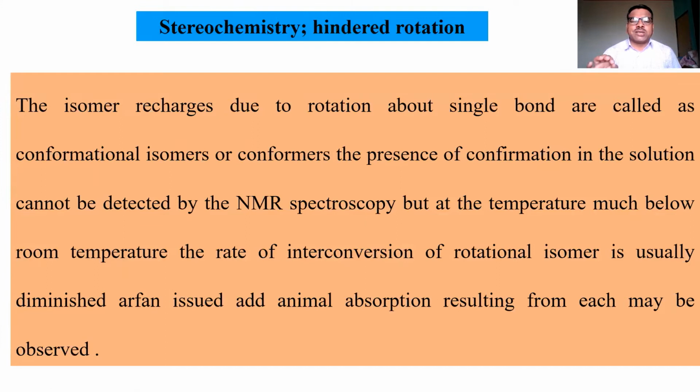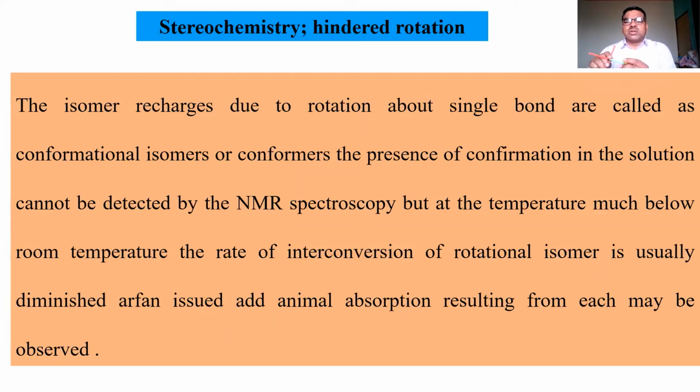So you can have staggered and eclipsed conformations, which are not detected by NMR spectroscopy. But at low temperature, much below room temperature, the rate of interconversion of rotational isomers is usually diminished or vanishes. Whenever I have free rotation, it is because I have the energy to rotate it, and it happens at normal temperature.